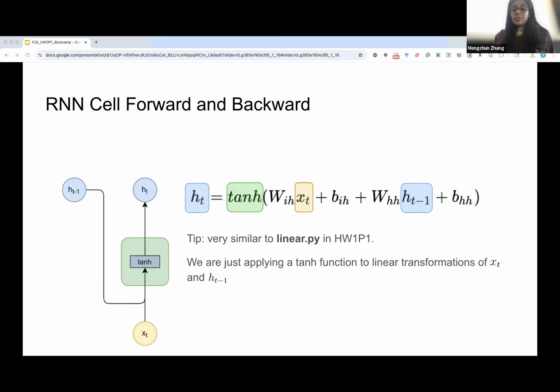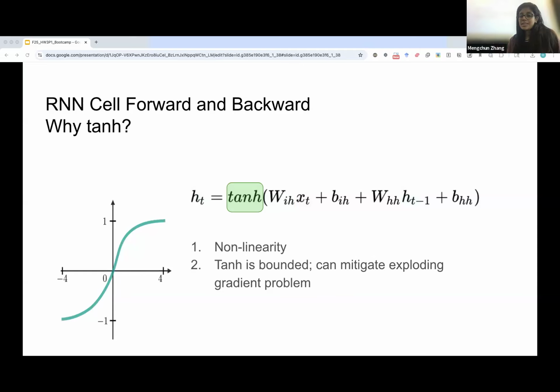Does anyone want to answer if you know why we use the tanh function and not anything else? Okay, so the reason we use tanh is that it's non-linear, obviously, but it is also bounded between -1 and 1. Due to these bounds, we can mitigate the exploding gradient problem that we face when the activations are unbounded, like ReLU.